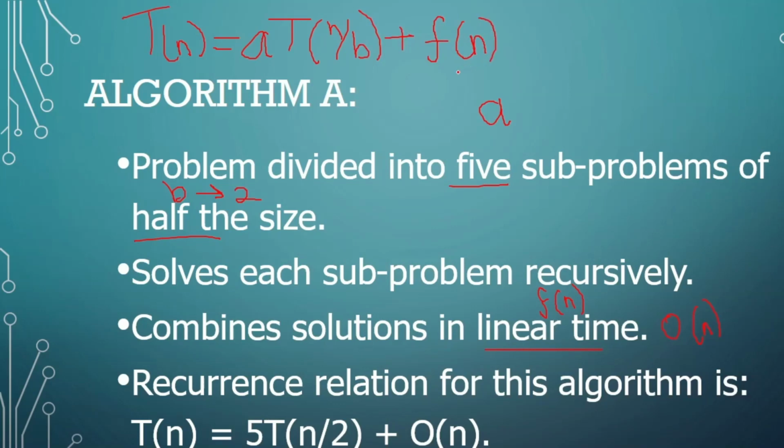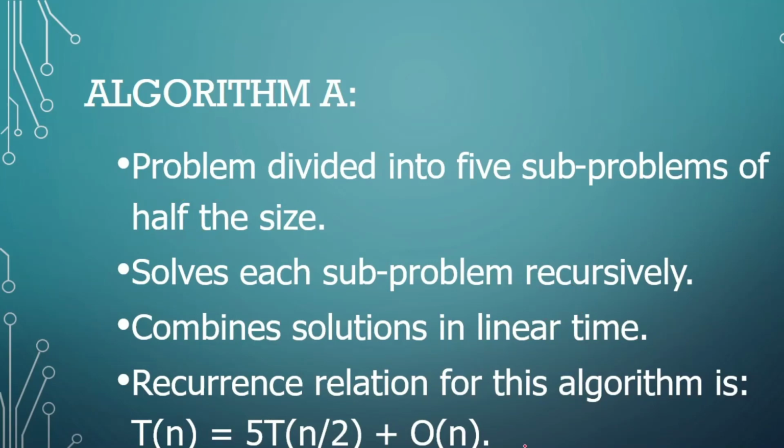Okay, so we've already found what a is, 5. That's what we start with, 5T(n/2), where 2 is b, and then our f(n) is the linear time, and that's what we put here. So we have the recurrence relation.